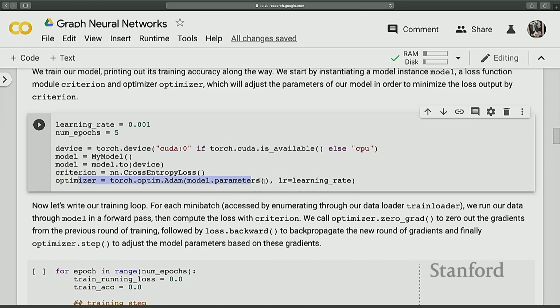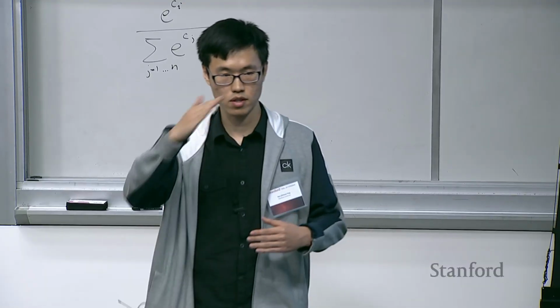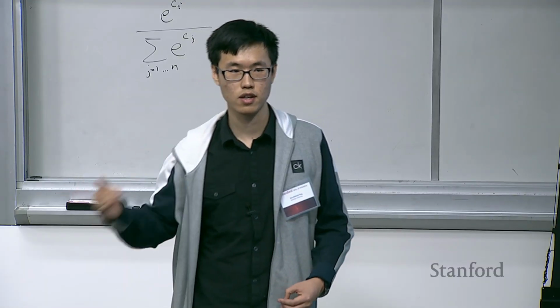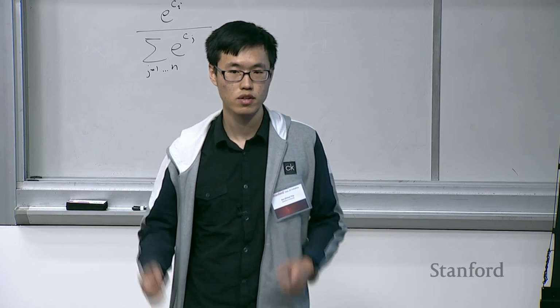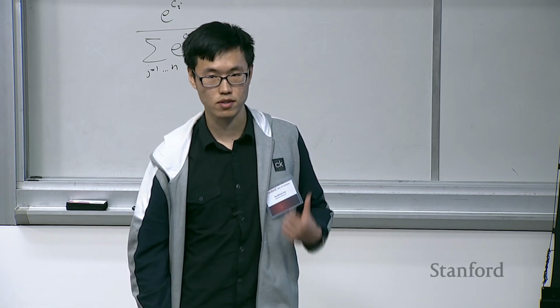There's one thing that's worth looking at, because a lot of times you want the learning rate to be annealing over time, right? Initially, because the model is not trained very well, you want the learning rate to be big so you can step with big steps, and then later on you want the learning rate to be decaying or annealing. So there's an option called scheduler in the optimization package.